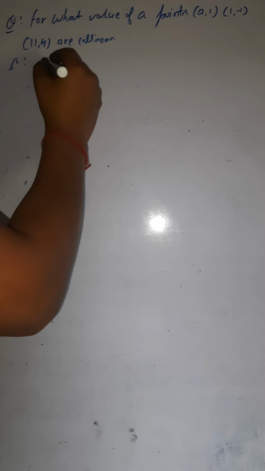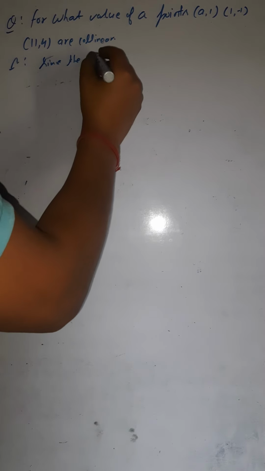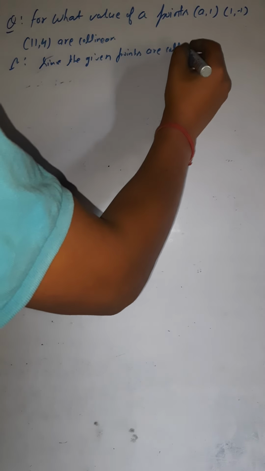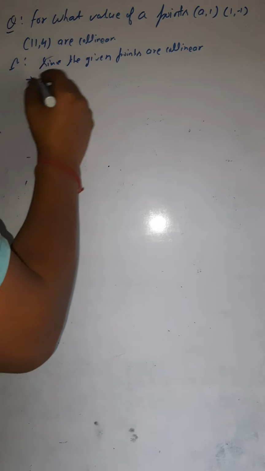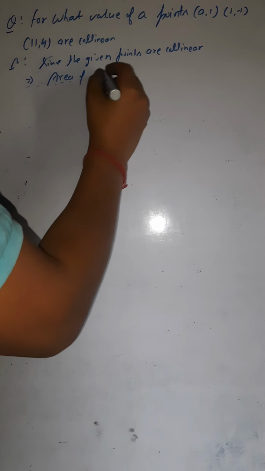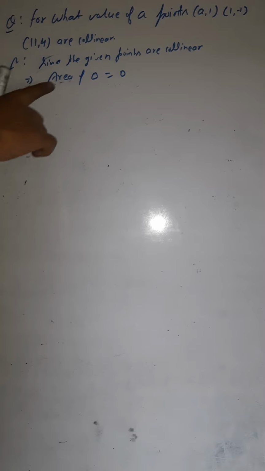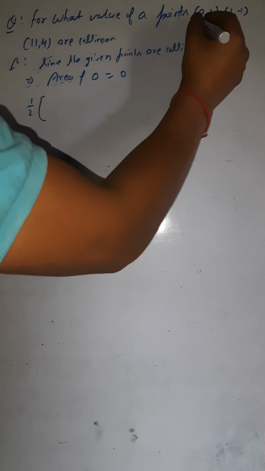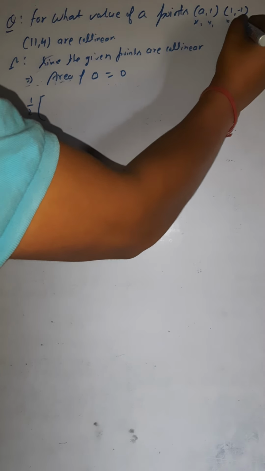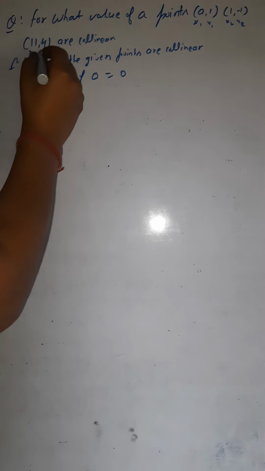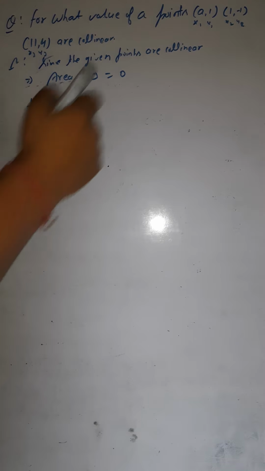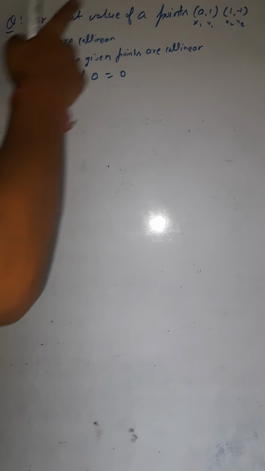Since the given points are collinear, it implies what? It implies the area of the triangle would be 0. So the area of the triangle is what? 1 by 2 into, let me write out first x1 y1, x2 y2, then x3 y3. So first comes x1, x1 is a, then inside y2 minus y3, means minus 1 minus 4.